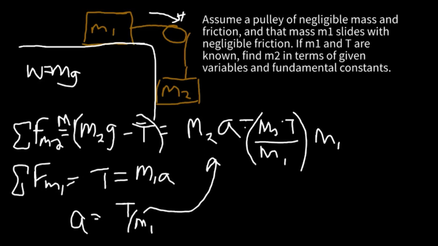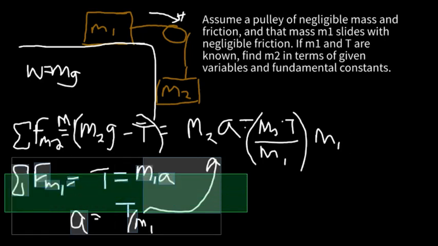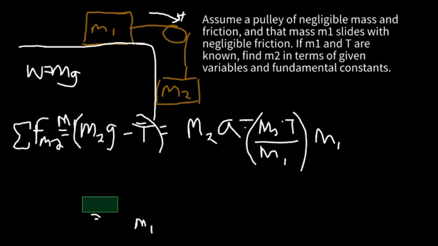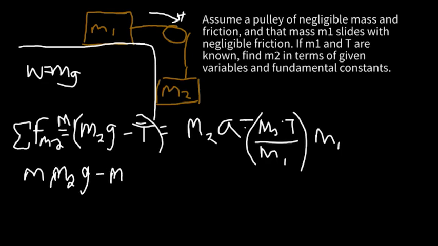And let's make a little room here. So that will give us m1 m2g minus m1t equals m2t.